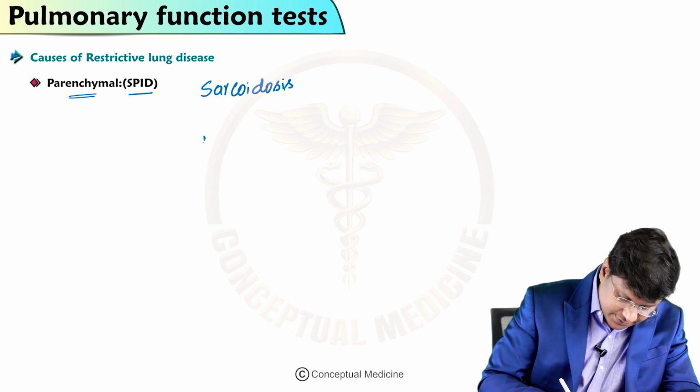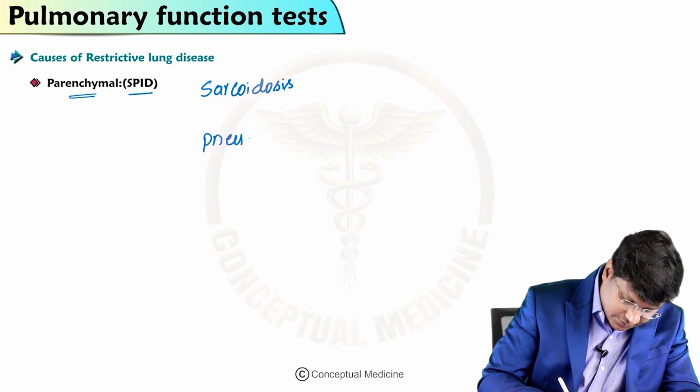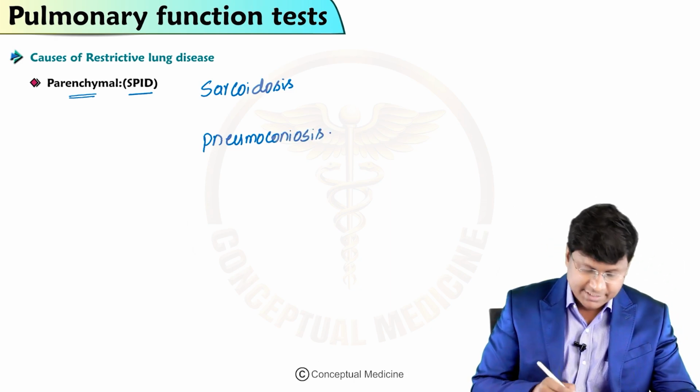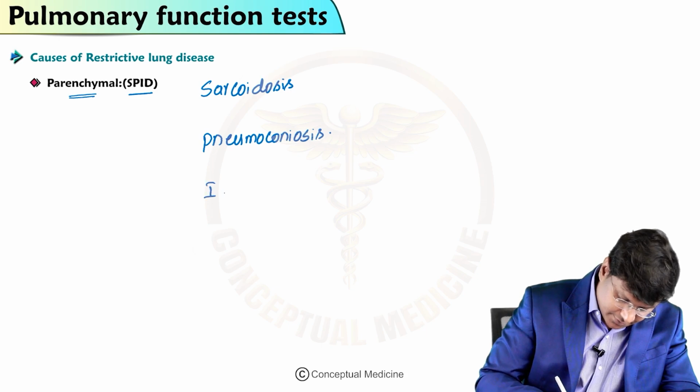P stands for pneumoconiosis. I stands for idiopathic pulmonary fibrosis.